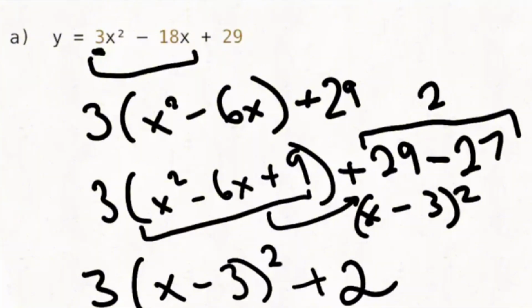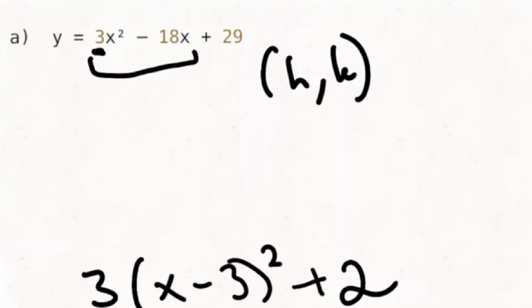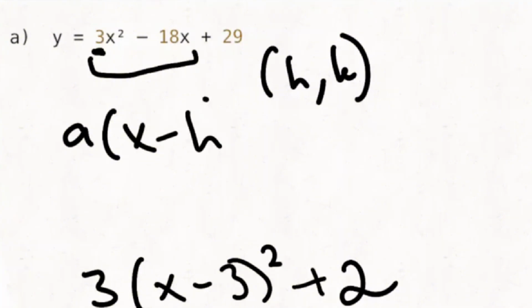Now, if we want to find the vertex, all we need to do is find the h and k values. So how do we find the h and k values? As you saw earlier, the vertex form is written as a times x minus h squared plus k, right?